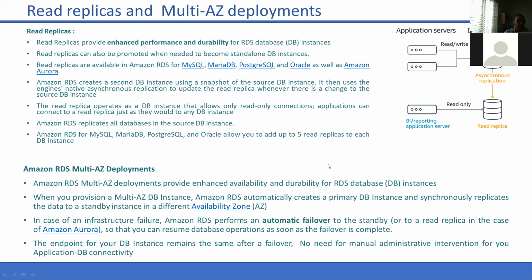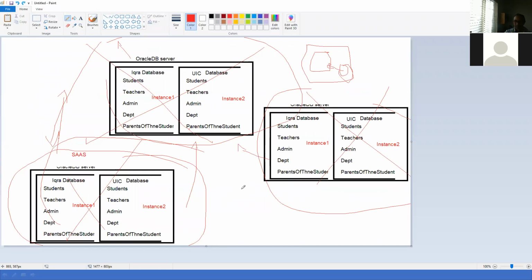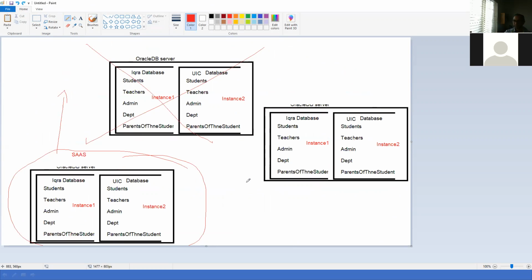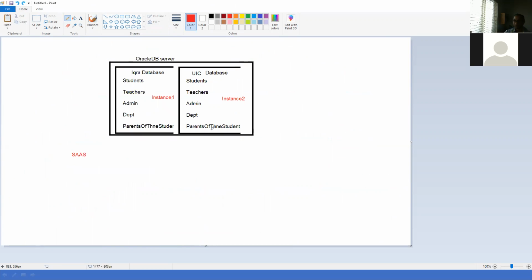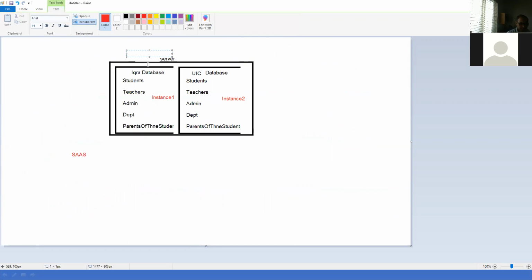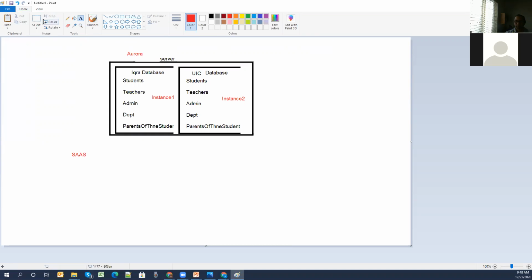Now what happens here is, if you see here, you have an Oracle database, for example. Now this read replica is specific to Amazon. So you have an Aurora database here. This is your primary database, okay? Master database.